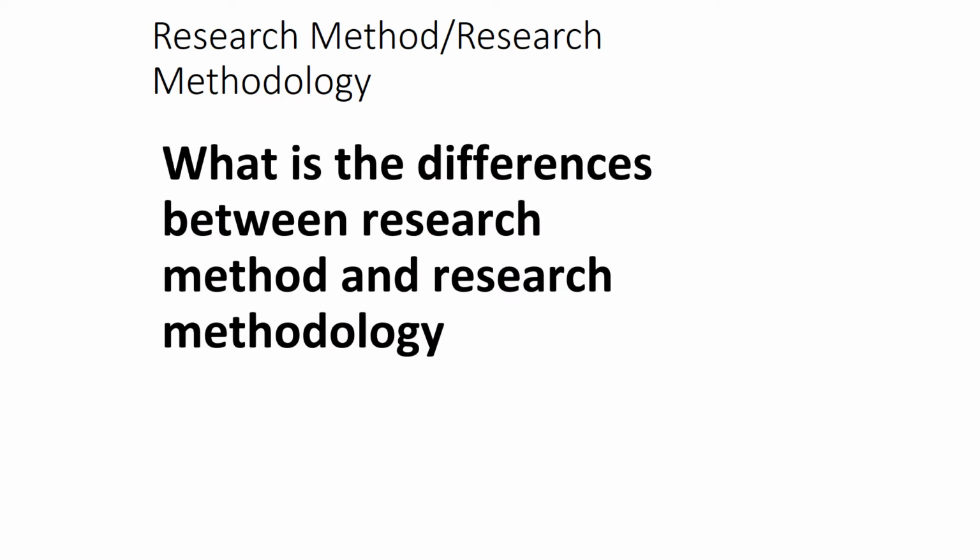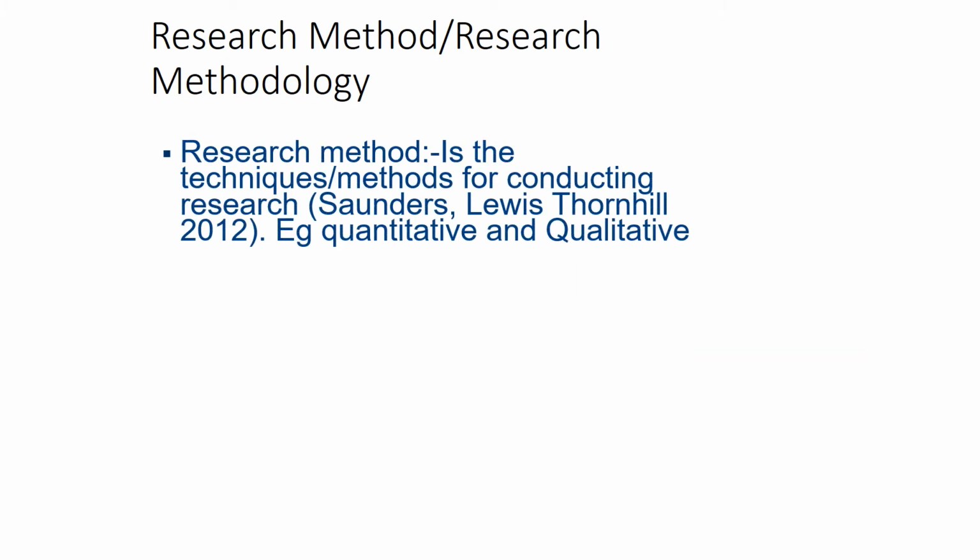So the research methodology. What is the difference between the two, the research method and research methodology? When we think about the research method, it is the techniques, the methods for conducting the research. Quantitative, qualitative research. Are you going to be doing primary research? Secondary research?